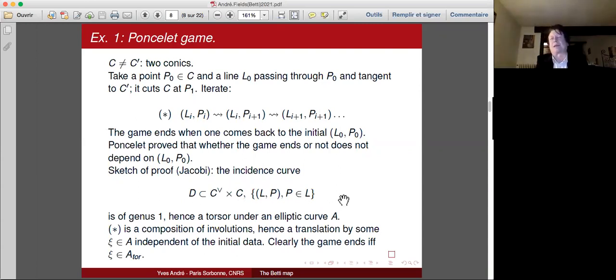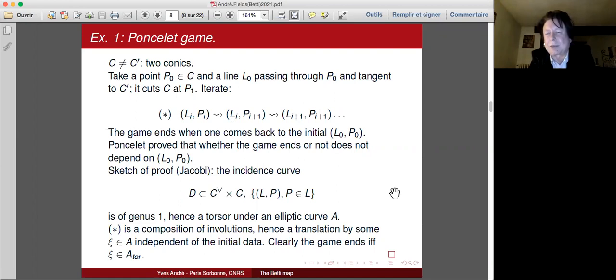A simple analysis of ramification shows that this incidence curve is of genus 1. Hence, it is a torsor under an elliptic curve, which I denote by A. Now, this two-step process from (L_i, P_i) to (L_i, P_{i+1}) to (L_{i+1}, P_{i+1}) is a composition of involutions on the genus 1 curve, on the incidence curve.